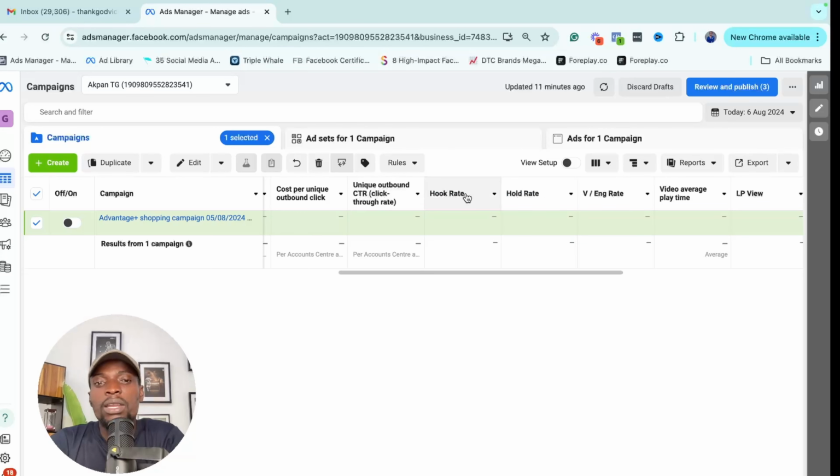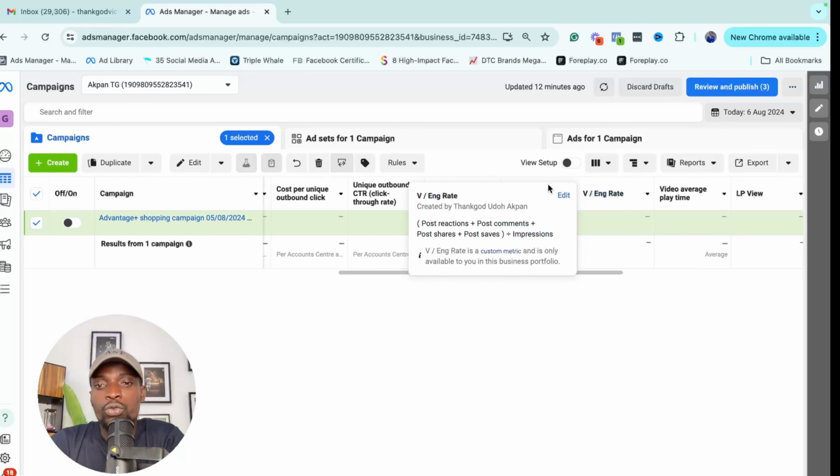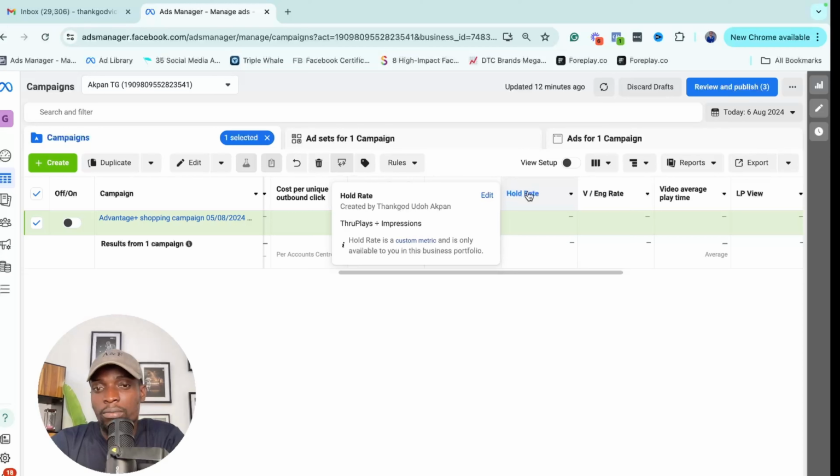Now, there are no real benchmarks, but what I look at for hook rate, I like to look at my hook rates ranging about 35%, about 40% upward. That way I can basically know that it is actually doing the job I want. And for hold rate, from about 15 seconds, 15% upwards is actually a very sweet spot to have there.